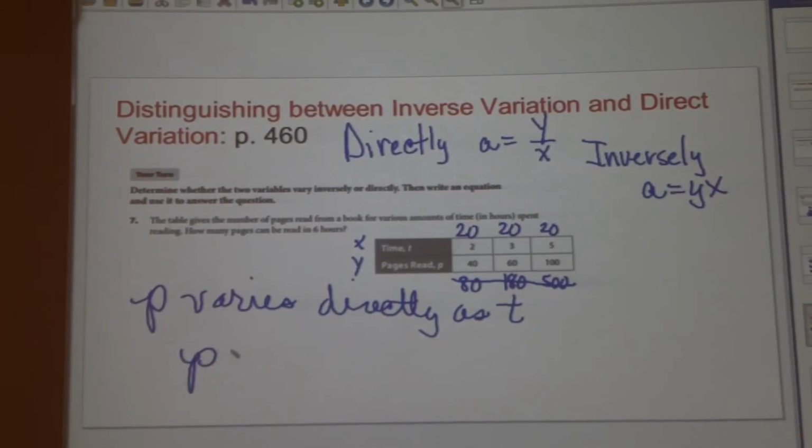Well, P varies directly as T. So I'm looking for pages read in 6 hours. So P equals, what's my constant? 20. And hours is 6. So how many pages read in 6 hours? 120 pages.